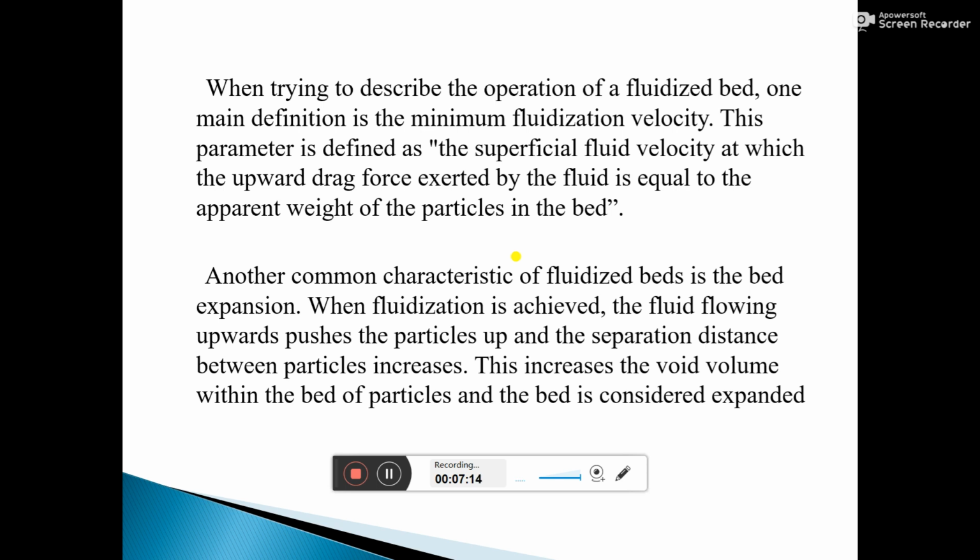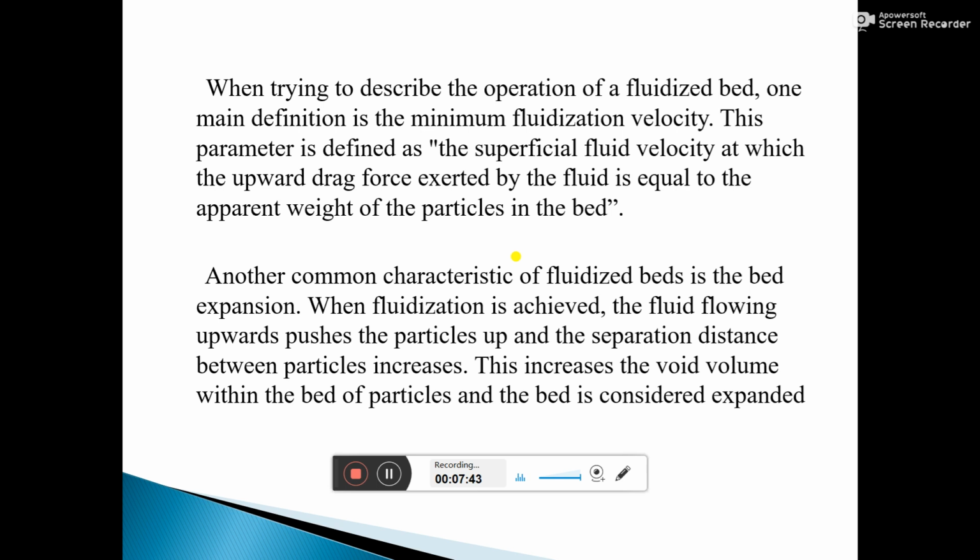This concept has been discussed earlier, that the upward drag force exerted by the fluid is equal to the downward gravitational force. So that velocity of the fluid moving upward is the minimum fluidization velocity.